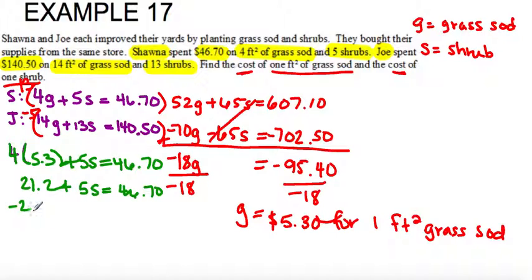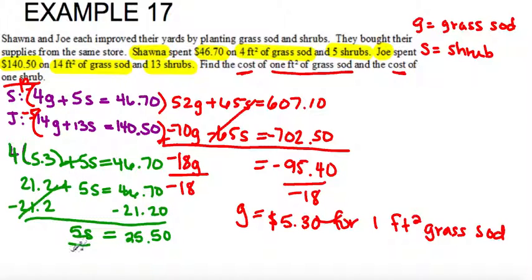Subtract 21.2 on both sides. 21.2 minus 21.2 cancels out, so I have 5S equals 46.70 minus 21.20, which is 25.5.